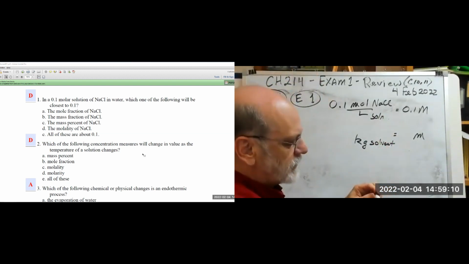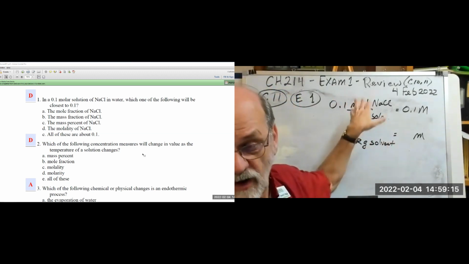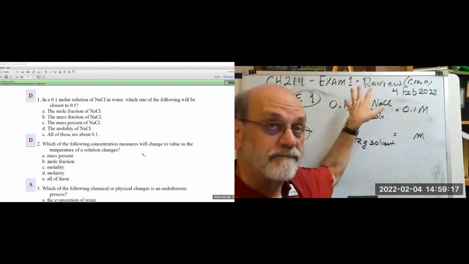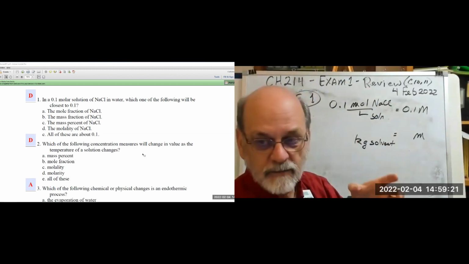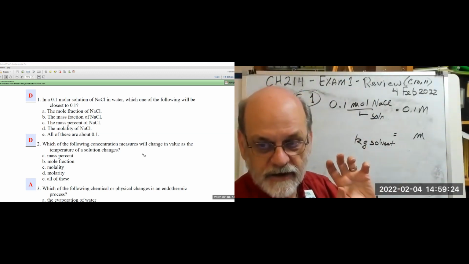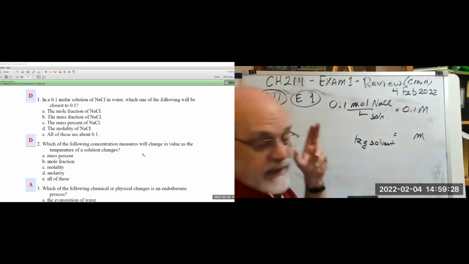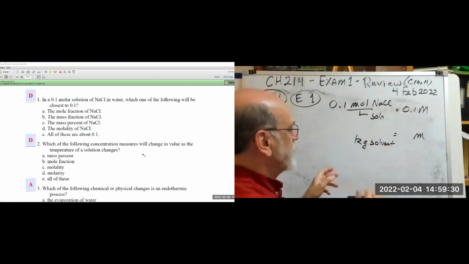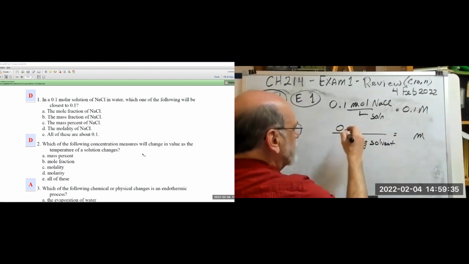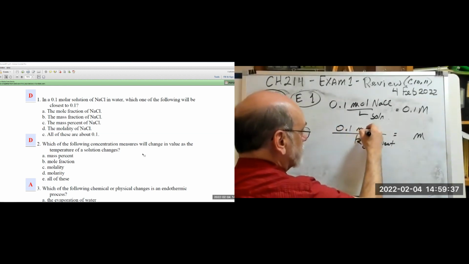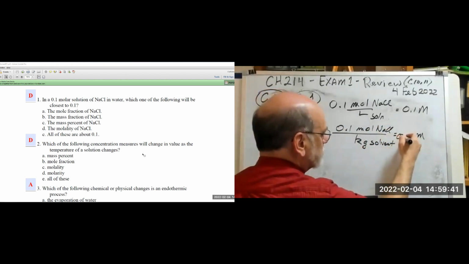So that's why I said the relationship here is not dependent so much on the amount of sodium chloride, but on the relationship of volume to mass of the solvent. And in this case, it's water. So 1 liter equals 1 kilogram. So what we're saying here is this is almost exactly 1 mole of sodium chloride per kilogram of solvent.